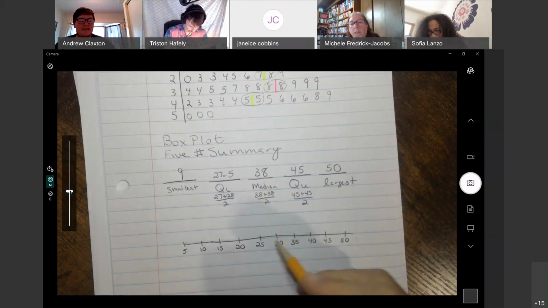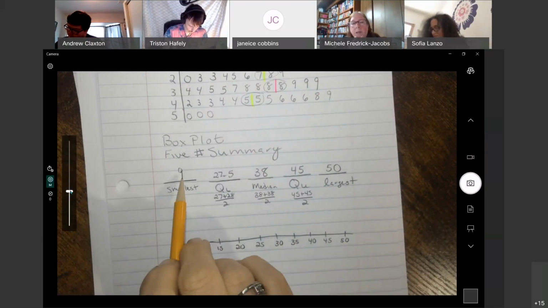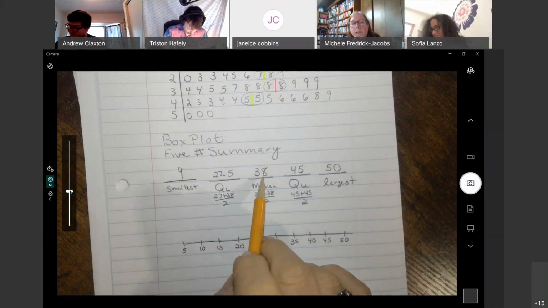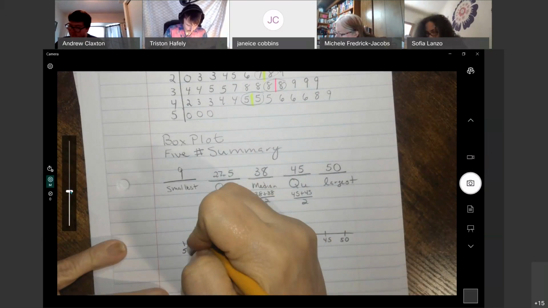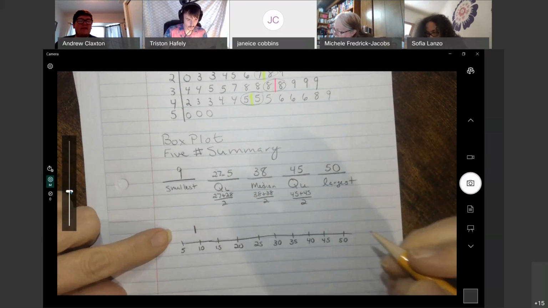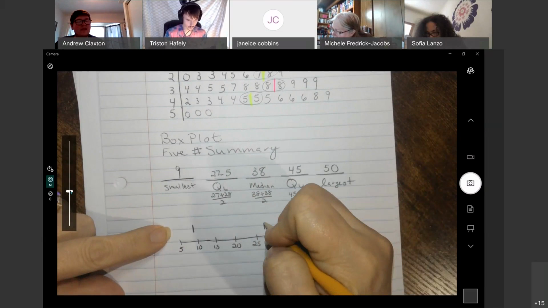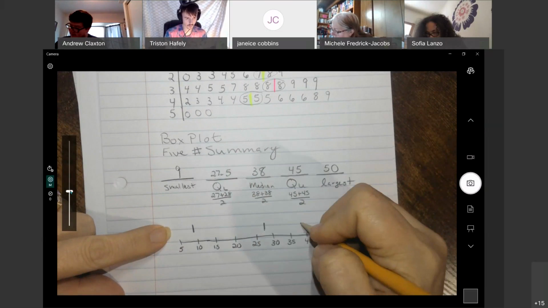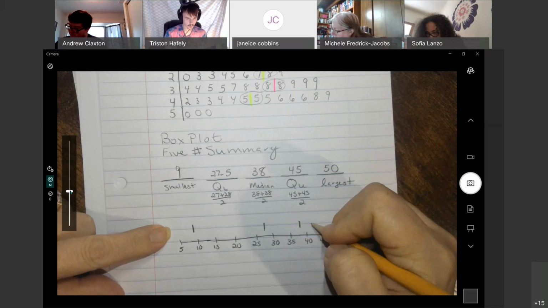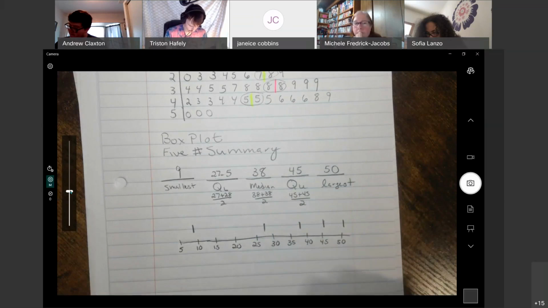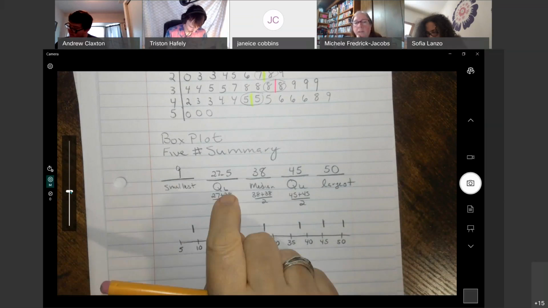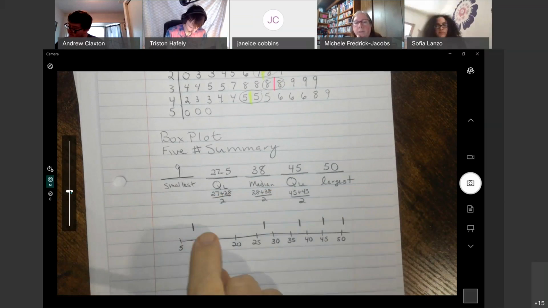Now, once you have your number line, you put a vertical line above each one of these numbers. So 9 would be about here, 27.5, 38, 45, and 50. So each one of these numbers gets a vertical line above it.